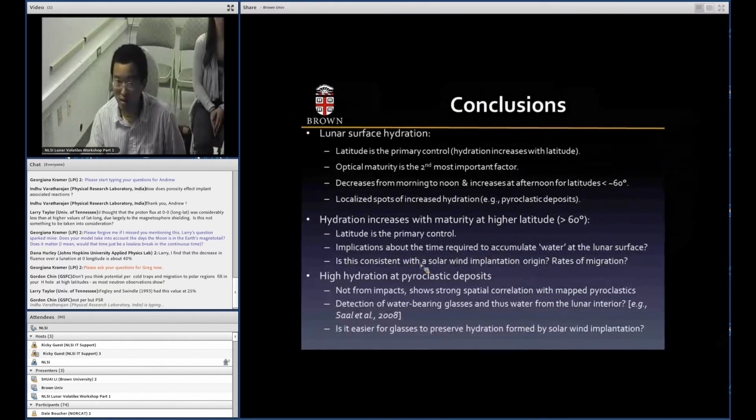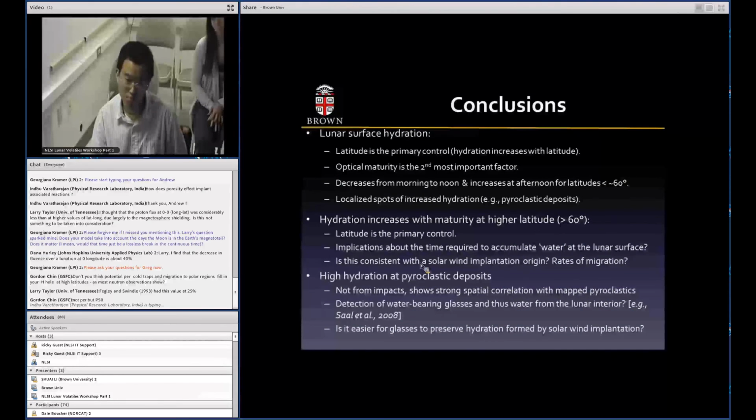So for conclusions, for lunar surface hydration, the latitude is the primary control for the distribution, and the optical maturity is the second most important factor. And also the lunar surface hydration decreases from morning to noon and increases in the afternoon for latitudes less than 60 degrees. And also we observe some localized sources of increased hydration, for example, the pyroclastic deposits.